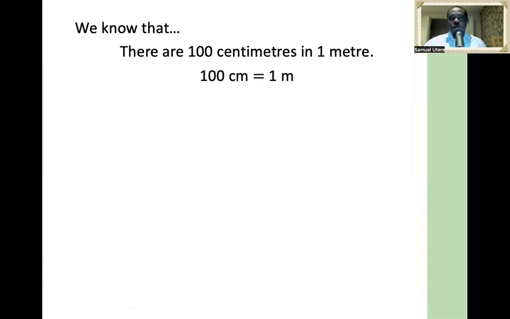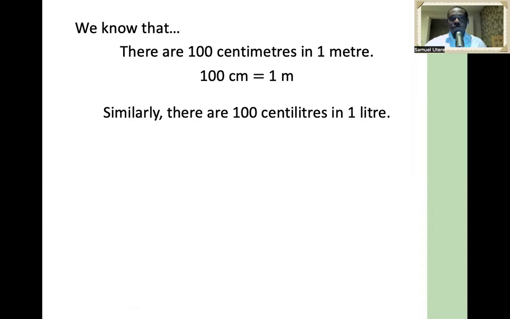Now we know that there are 100 centimeters in 1 meter. 100 centimeters is equal to 1 meter. Similarly, there are 100 centiliters in 1 liter. The key word is cent. Now, you may know that there are 100 cents in $1.